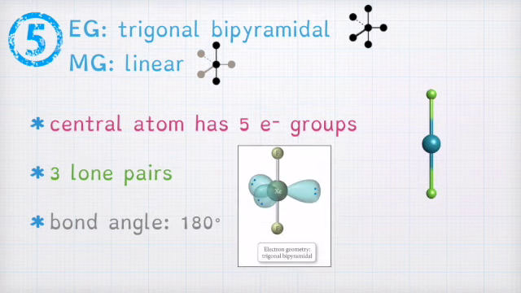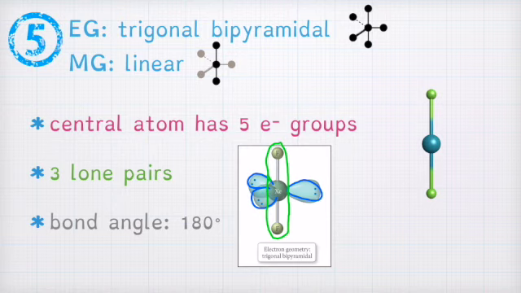The final scenario for the electron group geometry of trigonal bipyramidal is if you have 3 lone pairs. And in this case, all 3 lone pairs are going to be positioned on the equator of the compound, and what's left is simply the linear component, the axial atoms that form a straight up and down line.